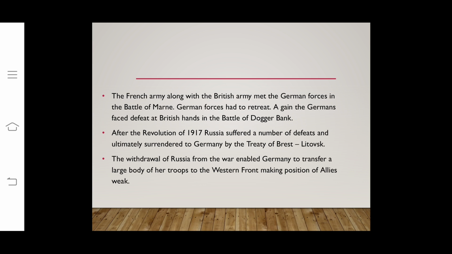Japan declared war on Germany and captured German colonies in the Far East. Turkey and Bulgaria joined on the side of Germany. Italy remained neutral for some time but joined the war against Germany in 1915, breaking the Triple Alliance. Britain, France, Russia and their allies were called Allied powers, while Germany, Austria and their allies were called Central powers.